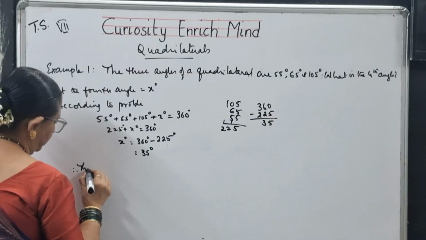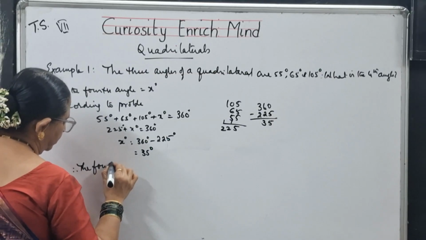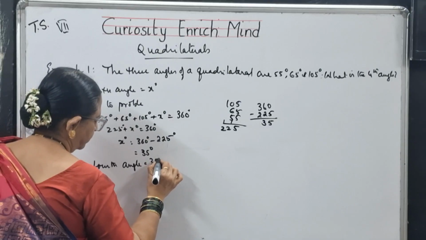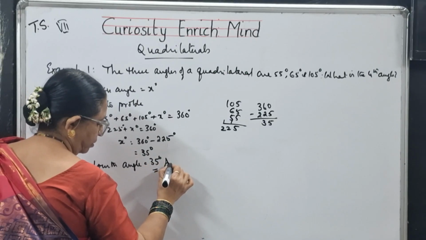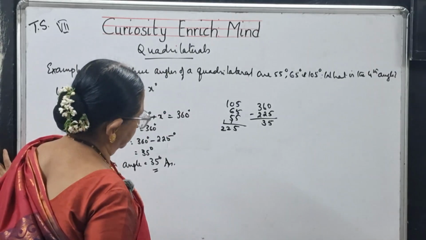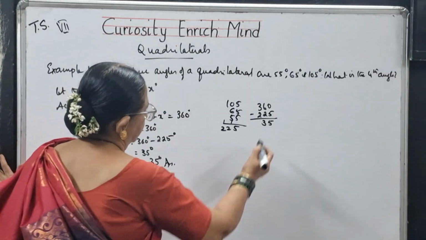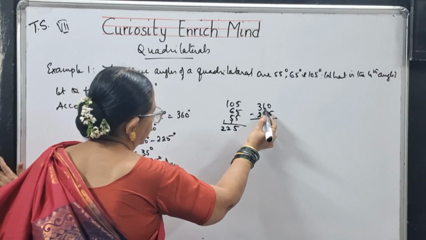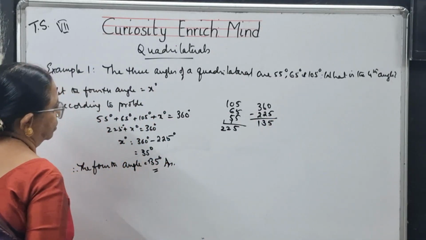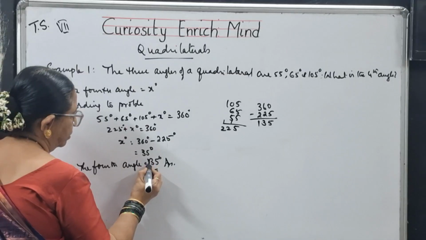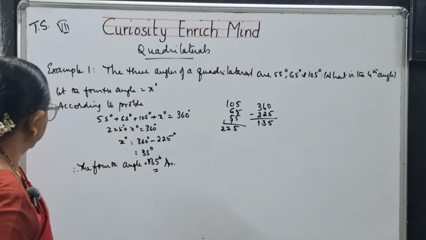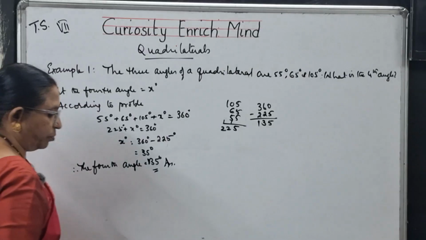Therefore, the fourth angle is equal to 135 degrees. 360 degrees minus 225 is 135 degrees, the answer for example 1.